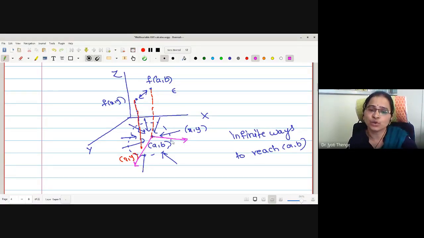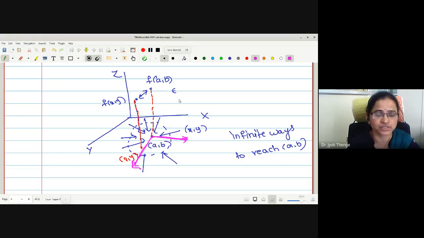That is, we know the nature of the function only along the x direction and the y direction. We do not know its nature along an arbitrary direction. Therefore, the information from partial derivatives is insufficient to check the continuity of the given function at the point (a, b). Partial derivatives fail to imply continuity at (a, b).